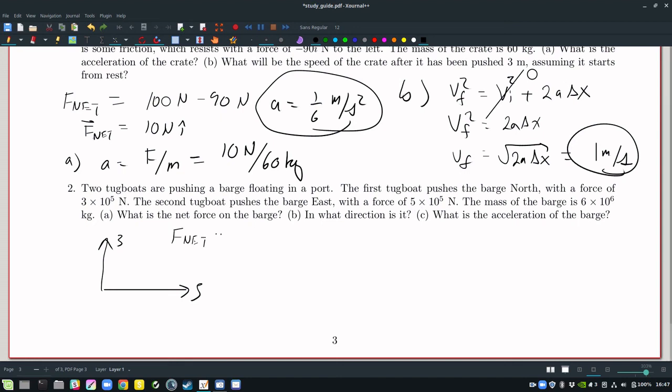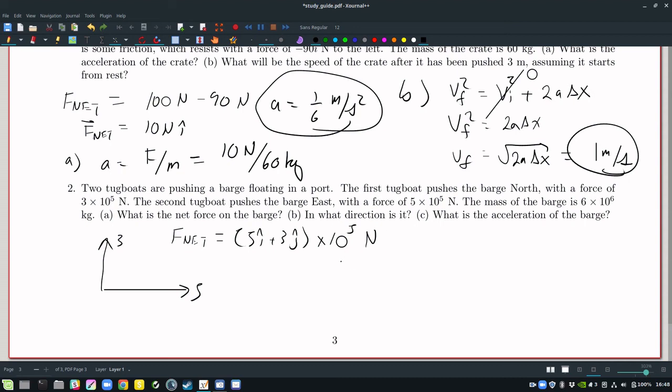F net is equal to, let's say, 5i plus 3j times 10 to the 5th newtons. And that will be the net force. You can write that a number of ways. I'm just indicating 3 and 5 are the vectors north and east, and then they're each times 100,000 newtons.